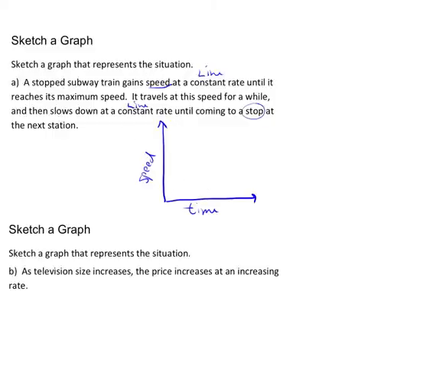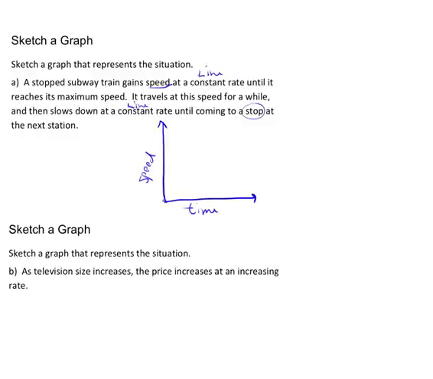All right, so the train stopped at a subway station, and then it sped up at a constant rate until it reached its maximum speed.